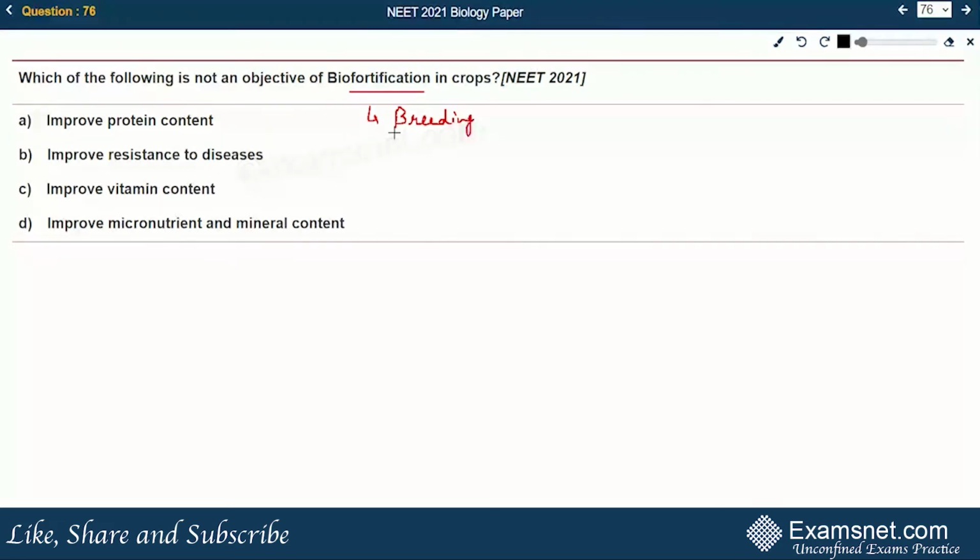Breeding crops with higher levels of vitamins and minerals, and higher proteins and healthier fat. Okay.